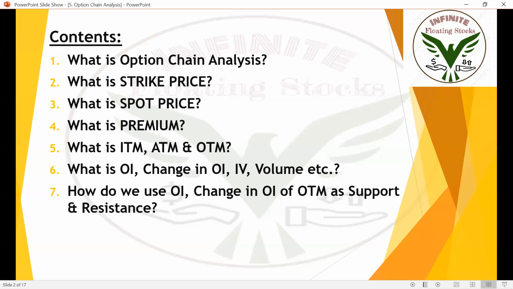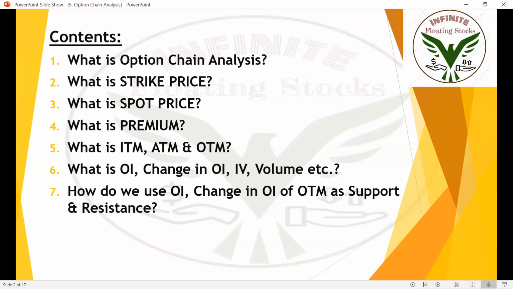I'll also introduce you to OI. OI is nothing but open interest. I'm going to talk about OI and change in OI, and also IV and volumes, etc. All these things will be there in the option chain table, and I'm going to explain each and everything present in it.